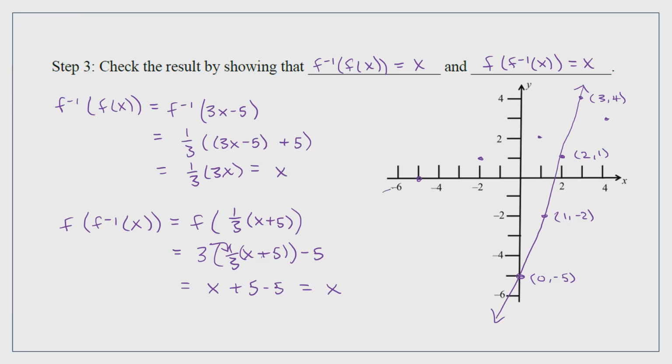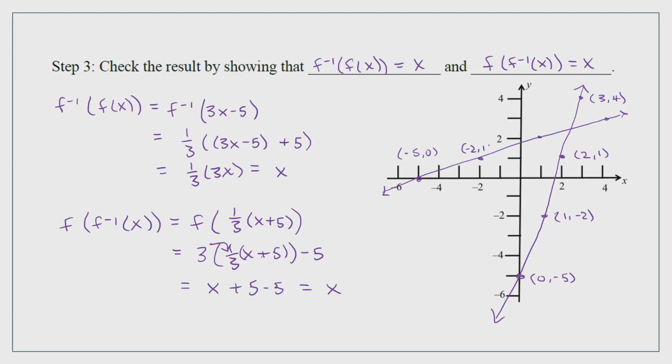And so now we can connect our dots. And we can label. So this is, oh, I was right the first time. Negative 5, 0.